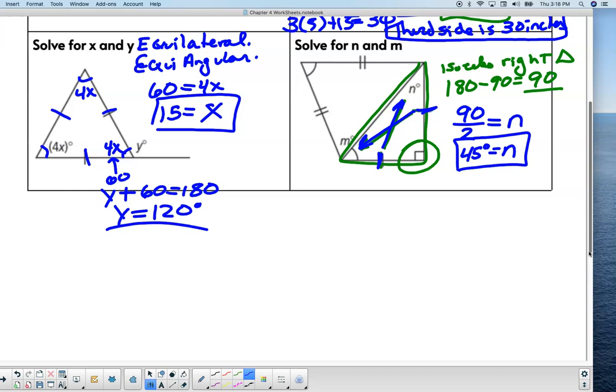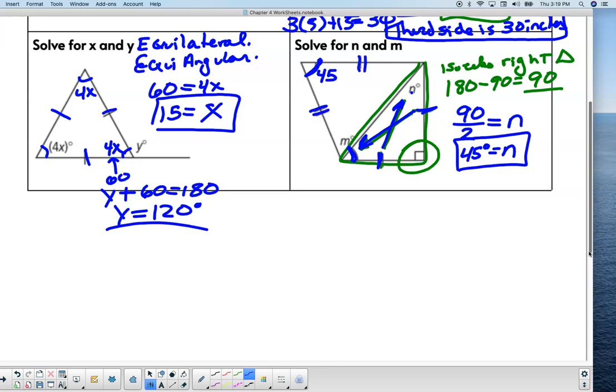Okay, now this n is 45 degrees, but so is this, and so is this. And the reason why I'm marking that is because it's going to help me find my next base angles for the isosceles triangle that we are looking at. This is an isosceles triangle.